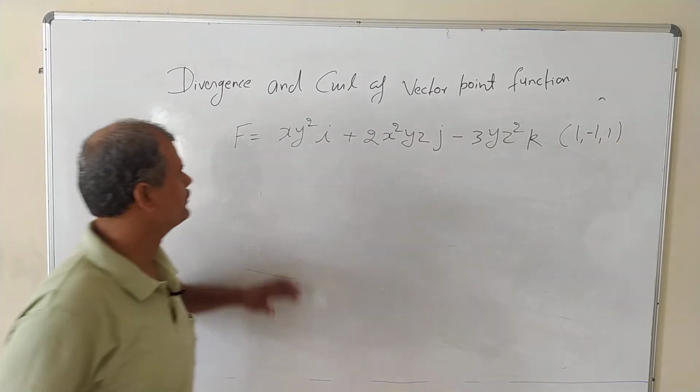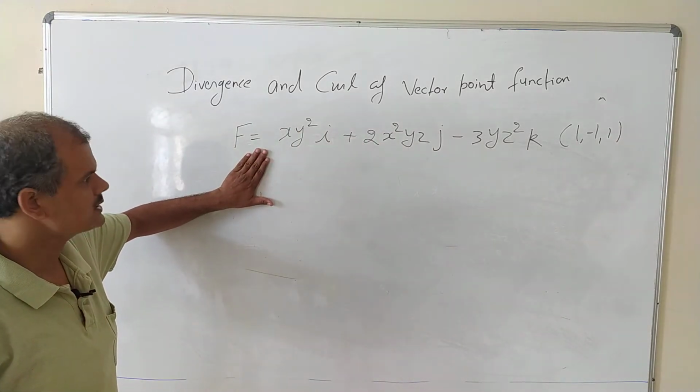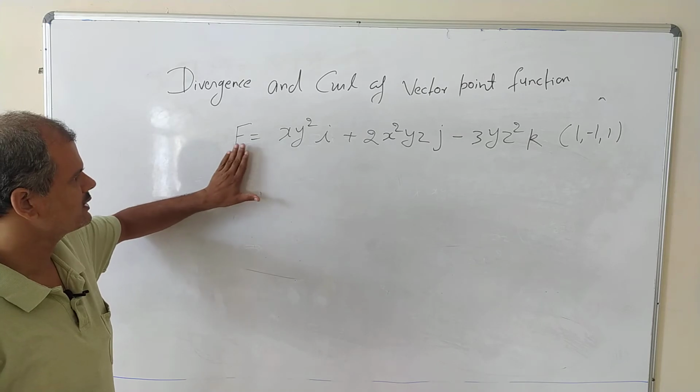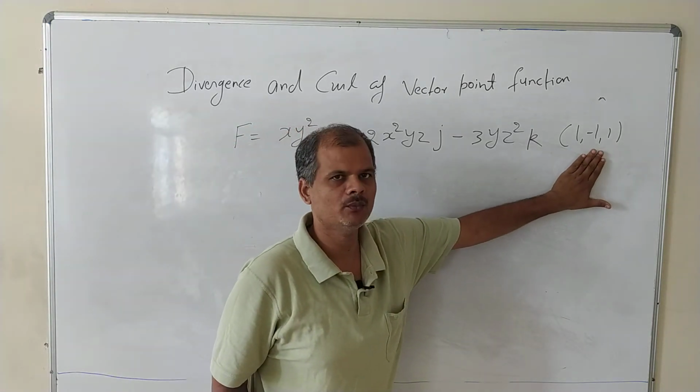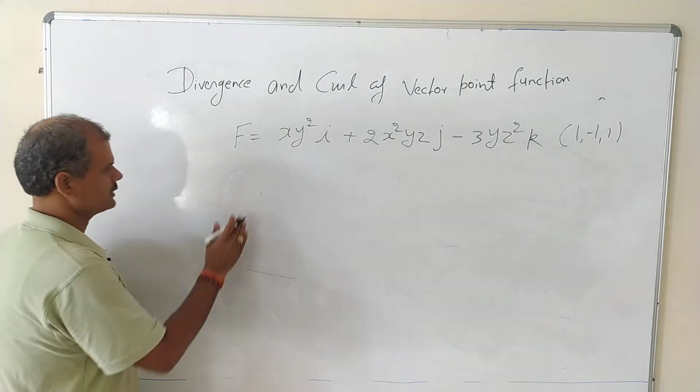The question is find the divergence and curl of this given vector at the point (1, -1, 1). Let us see the definition.